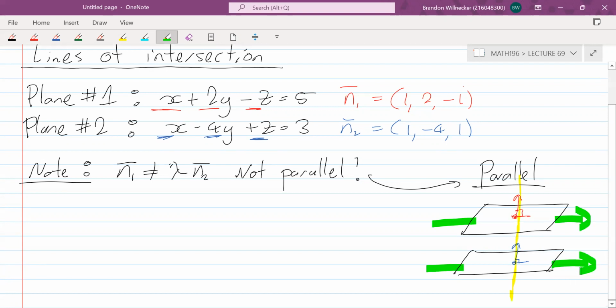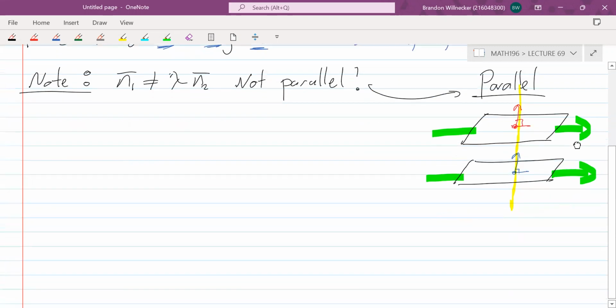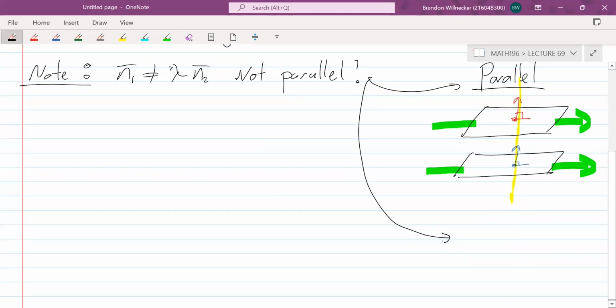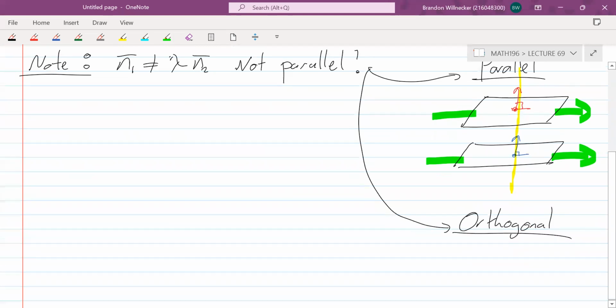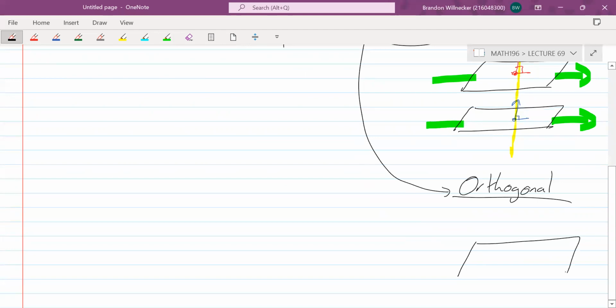Okay, so that's parallel. Just for completeness, let's do perpendicular as well, or orthogonal. That's another case that we can have. That's when one plane looks like this, and another plane cuts it like that.